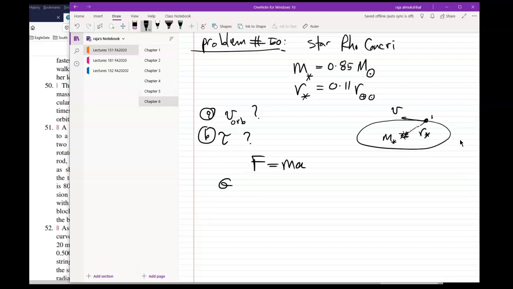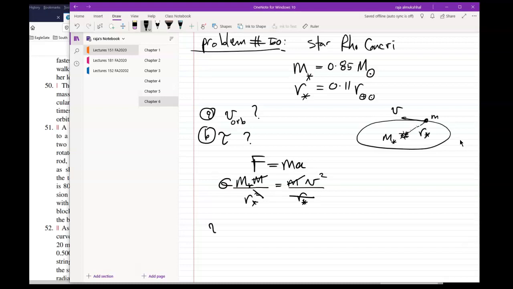So this would be G, mass of the star, times the mass of the orbiting body, this m right here, divided by the distance between them squared, equals the mass of the orbiting body times a, and a is V squared over R star. That's why he didn't give you the mass of the exoplanet, but he gives you the mass of the star. And the m on both sides cancels.